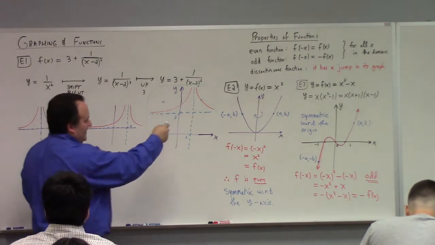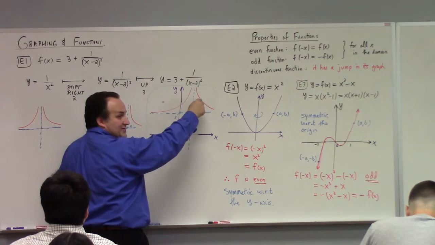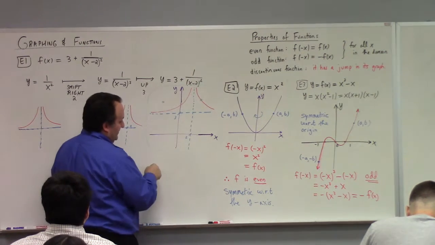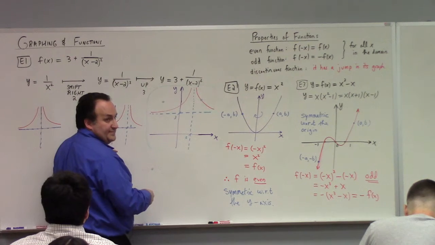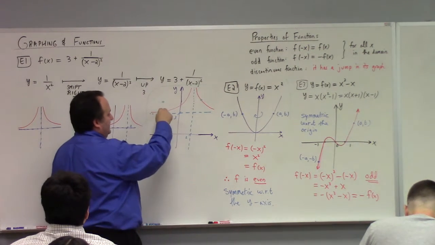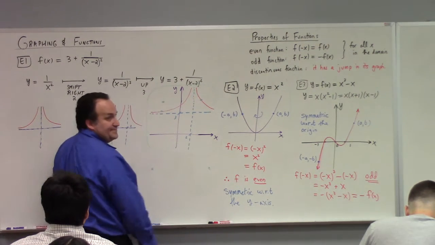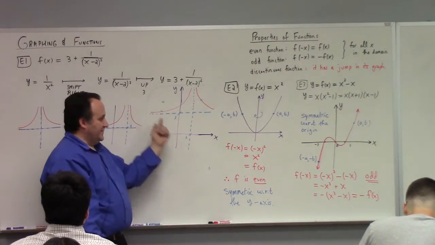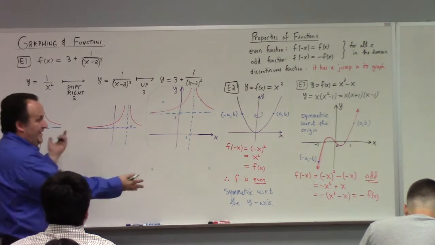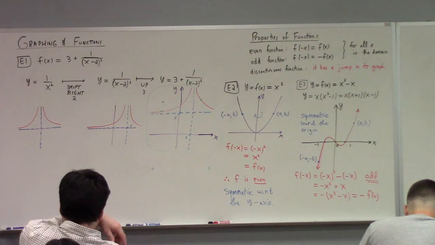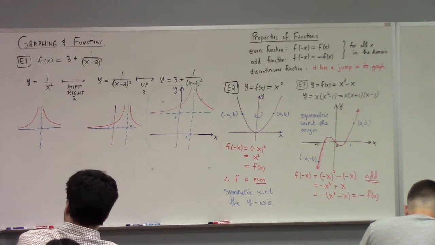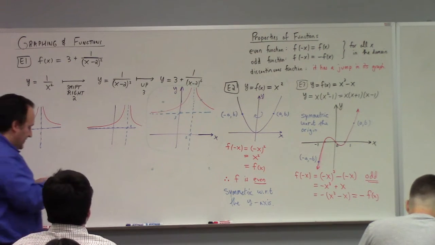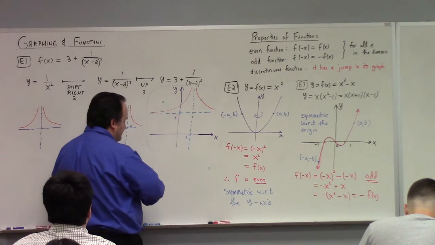And it's not symmetric with respect to the origin either, because this point is not paired with a point down here. And this point is not paired with a point down here. That would have to happen if it was symmetric with respect to the origin. But that didn't happen. It's not symmetric with respect to the origin. It's not symmetric with respect to the y-axis. This function is neither even nor odd.